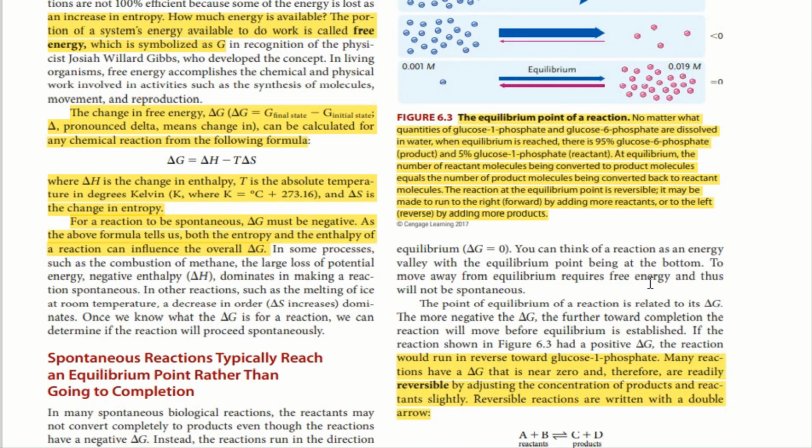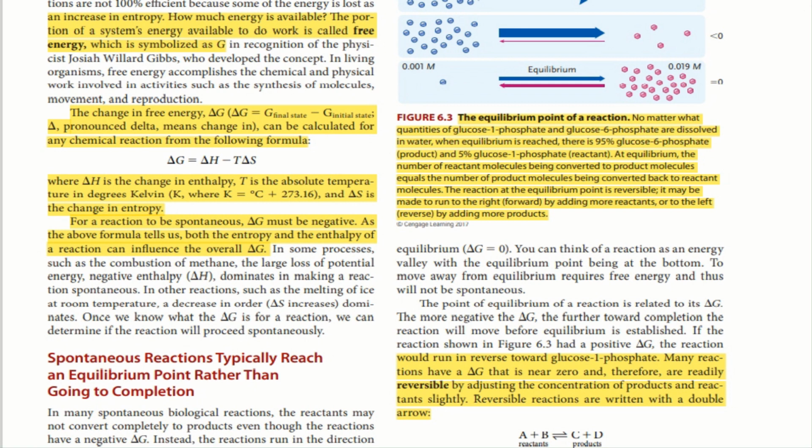For a reaction to be spontaneous, delta G must be negative. As the above formula tells us, both the entropy and enthalpy of a reaction can influence the overall delta G. We can say that the free energy is influenced by entropy or enthalpy.